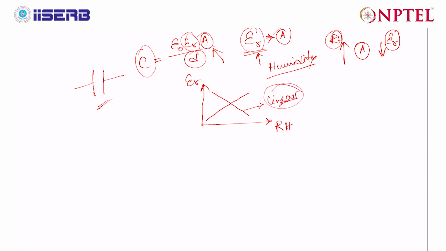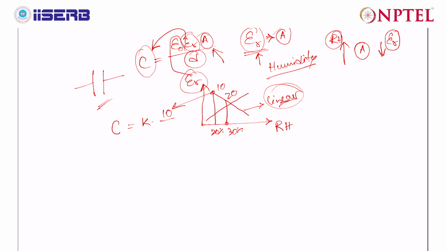Again, this epsilon r also has a relation with capacitance. Now say at 20% relative humidity, the value is 10. At 30% relative humidity, the value is 20. Now if you calculate the capacitance, it will be k into 10.